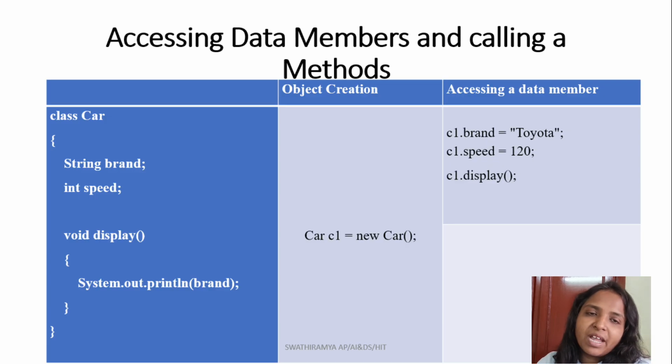So this is how we can access the data members and the functions of the class using the object. Only this way can we use the data and the functions inside the class. We cannot use the data and the functions directly without object creation. Without using an object, you cannot access the members of the class. So this is the basic structure.